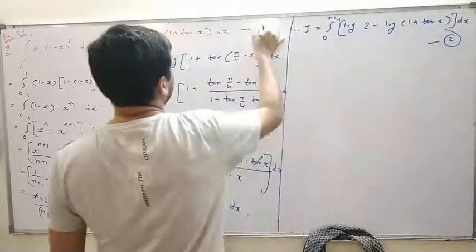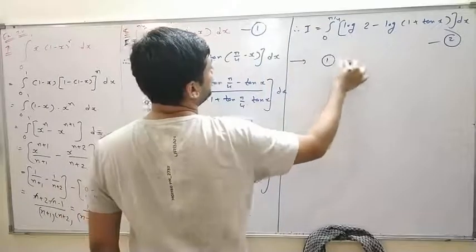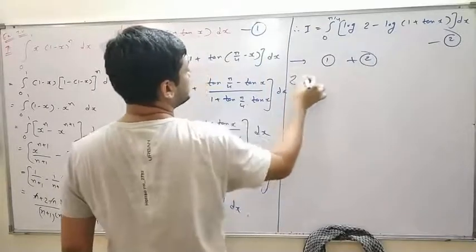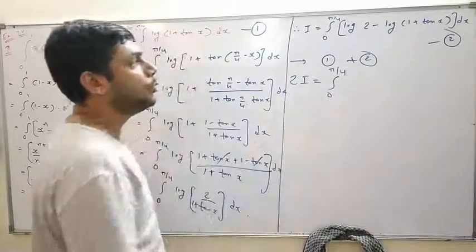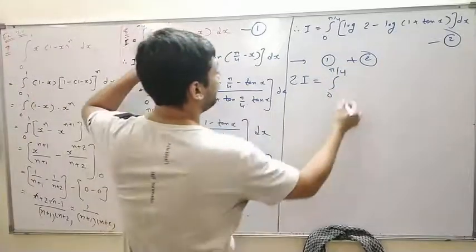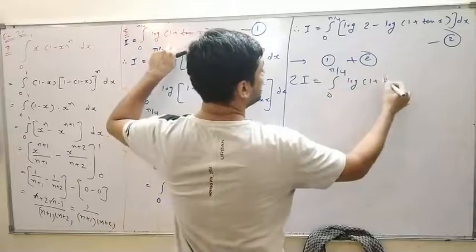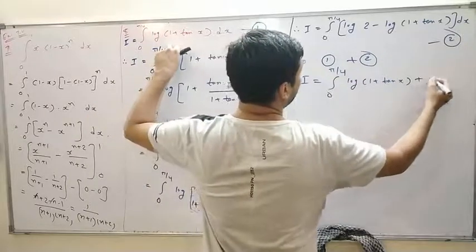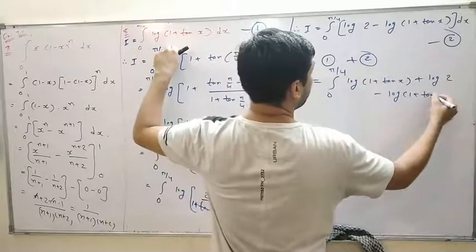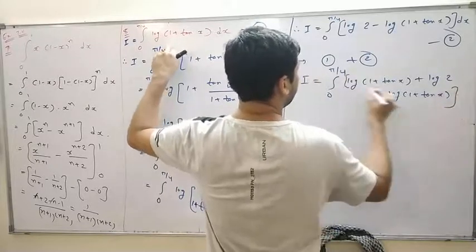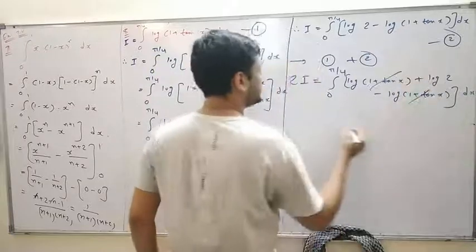Now if you add equations 1 and 2, I plus I is 2I, and the limits are the same, so you can add both the terms. So integral 0 to pi by 4 of log of (1 plus tan x) plus log 2 minus log of (1 plus tan x) dx. Those cancel.